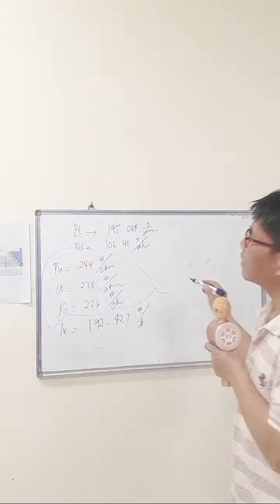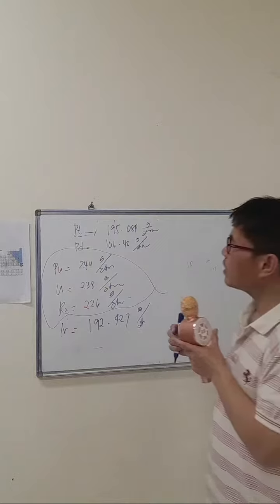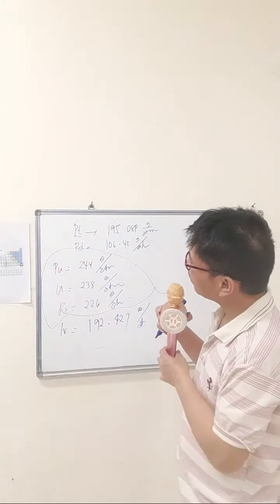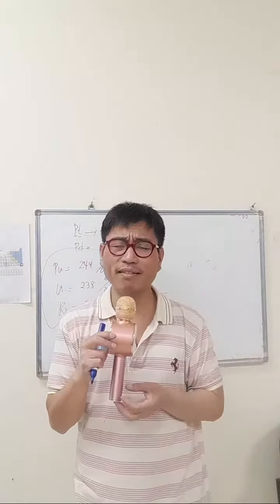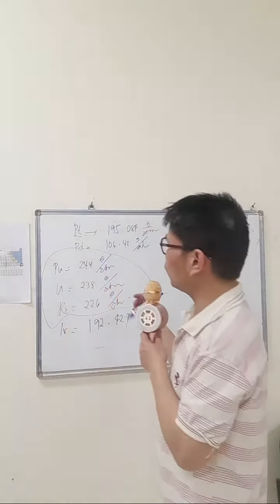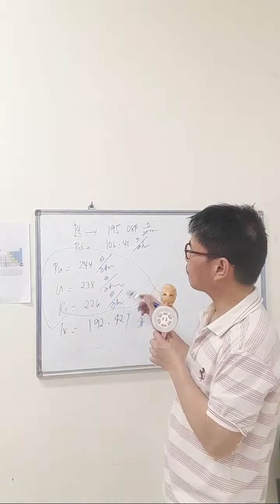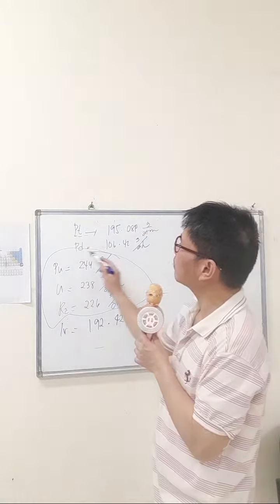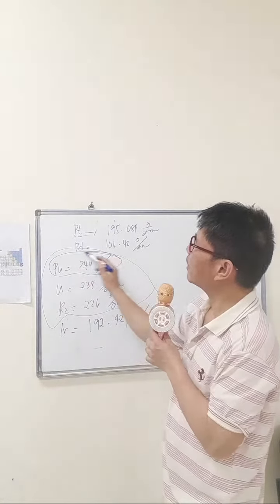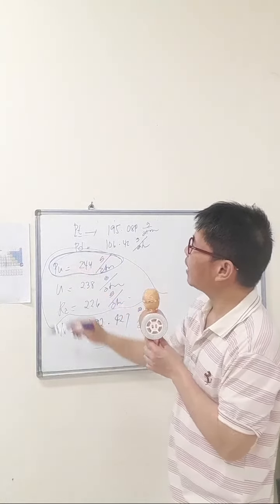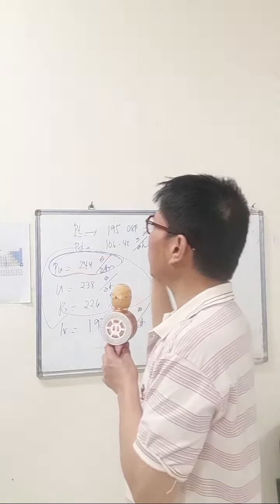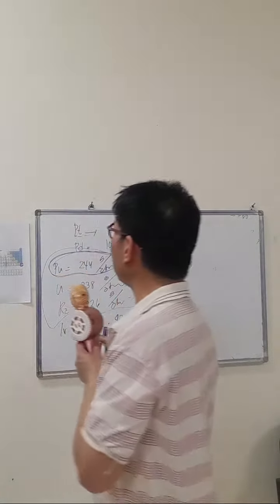Now, why does the theory state that uranium is the heaviest element, where in fact plutonium has higher molecular weight? Can you explain? This belongs to the actinide series.